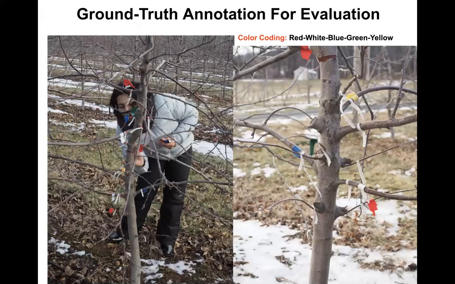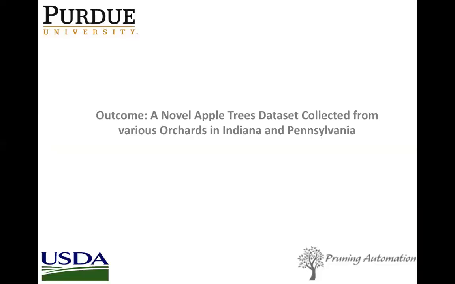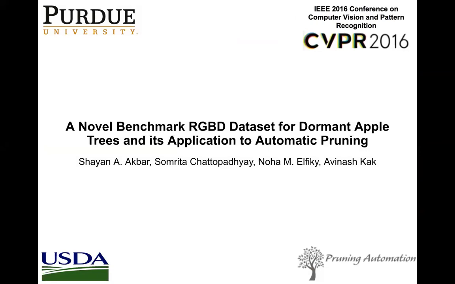And then again, we used domain experts, people from agriculture, who tell us what they do in real life and what the right points are, so that when we apply our models, we know exactly what the ground truth is and how we can assess. We use this color coding to know exactly where the robot should go, where the model should know. And this is the citation of the work that we published in CVPR 2016.